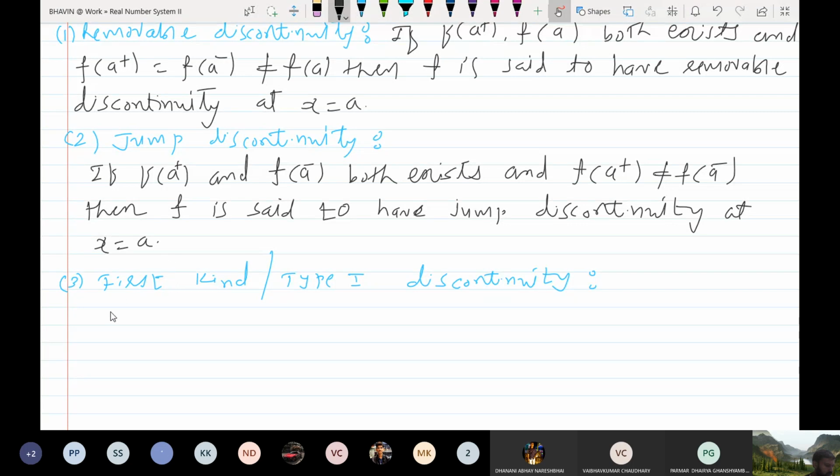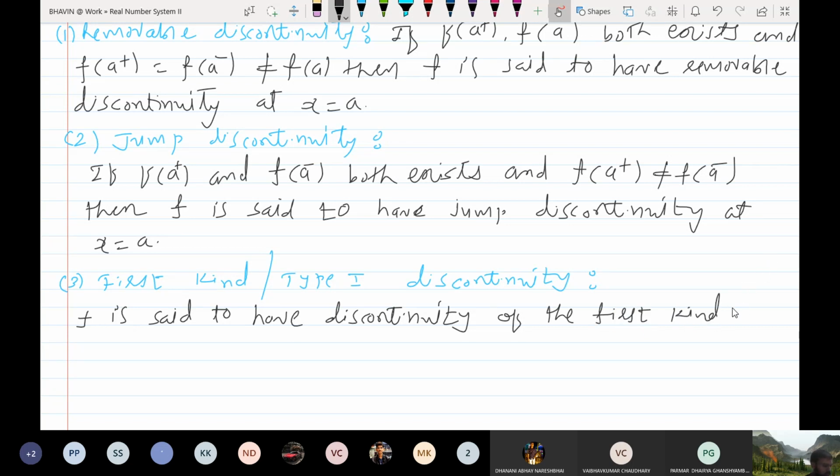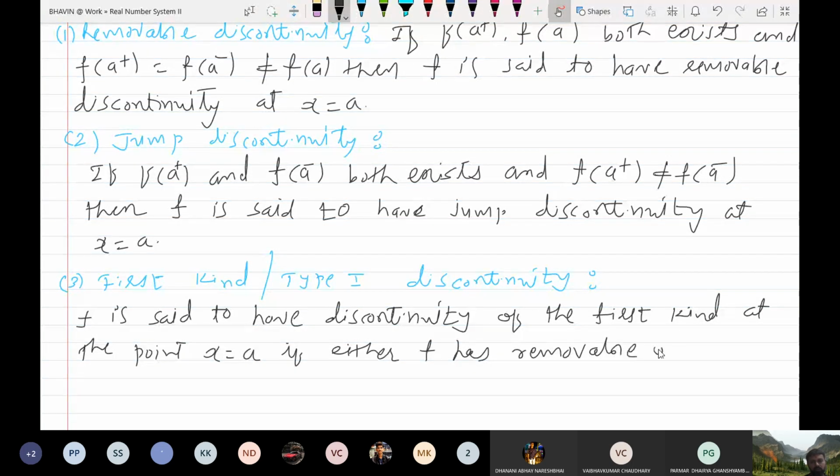So f is said to have discontinuity of the first kind at the point x equal to a, if either f has removable or jump discontinuity at x equal to a.